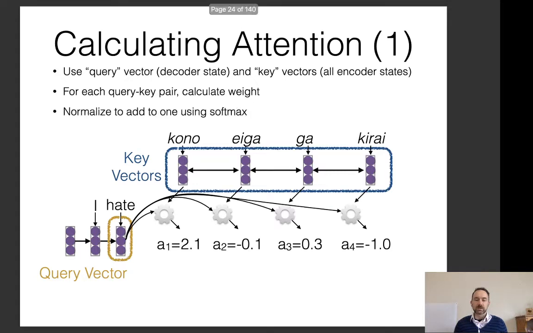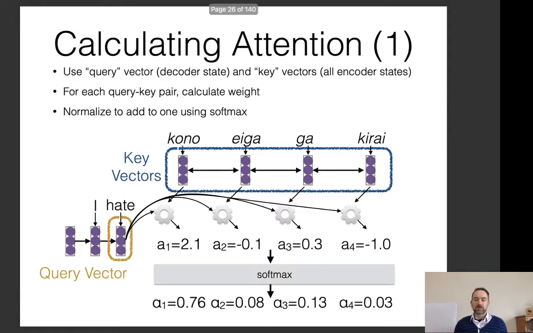And we then take all of these scores for the entire sentence, and we run it through a softmax to normalize them into values that look like they're on the probability simplex, like the alpha values here. And we can see that we've given a weight of about 0.76 to the first word, and this happens to be the word that we would like to be translating next.